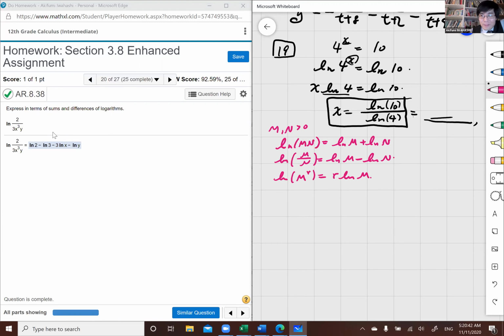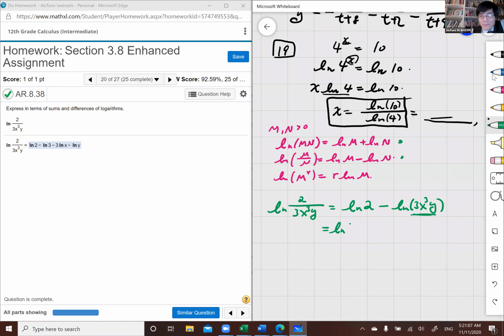So how do we do this one? ln of 2 over 3x cubed y is the same thing as ln of 2 minus ln of 3x cubed y, using this rule. Now you want to use this rule to rewrite this as a sum.